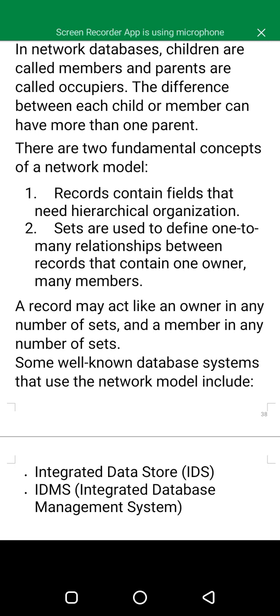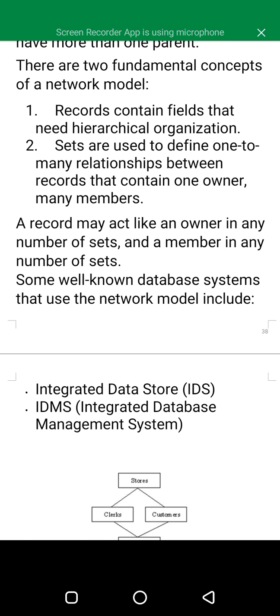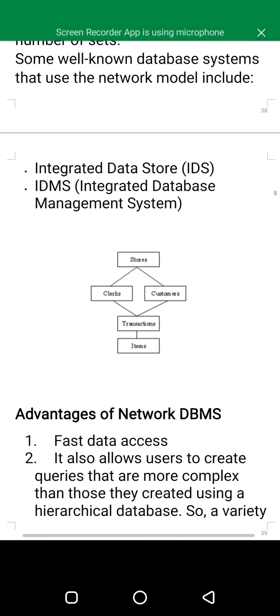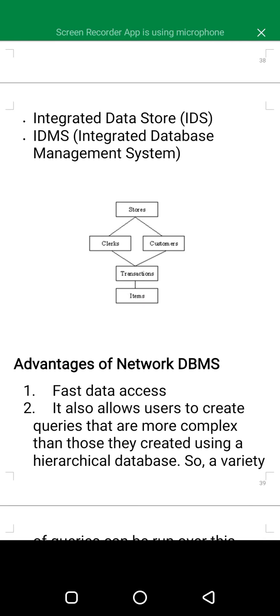Some well-known database systems that use the network model include 1. Integrated Data Store, and 2. Integrated Database Management System. This is a typical example of a network model structure.